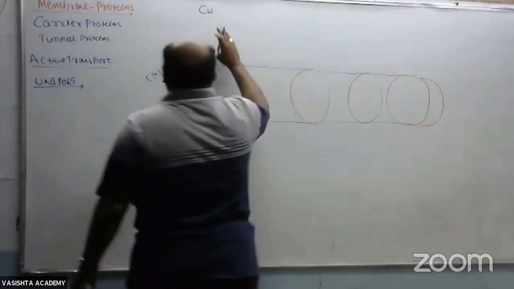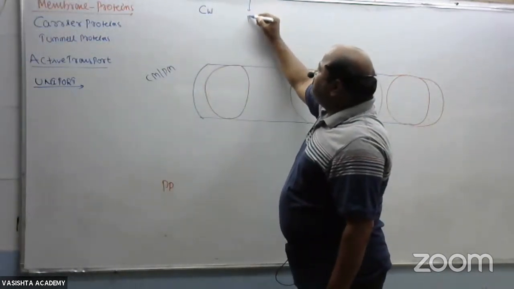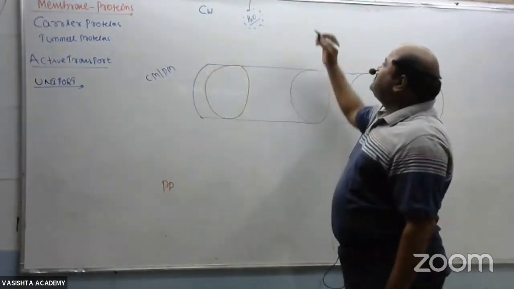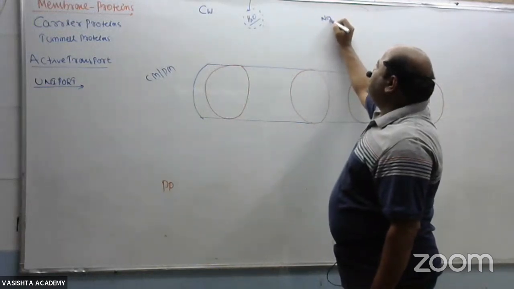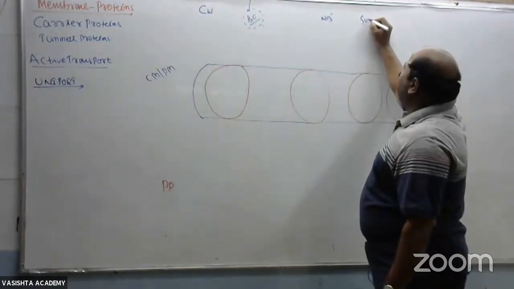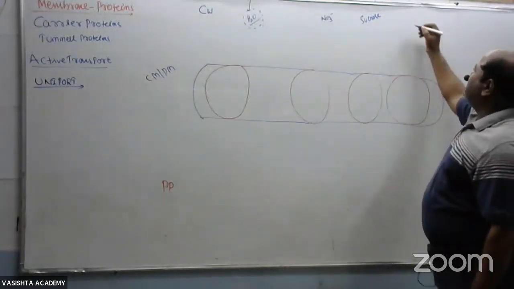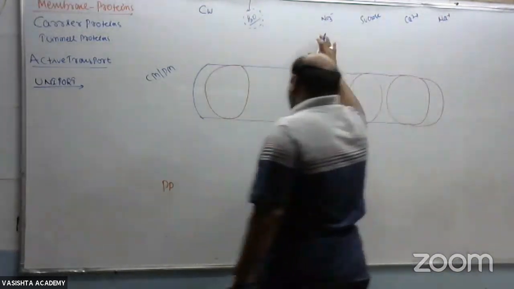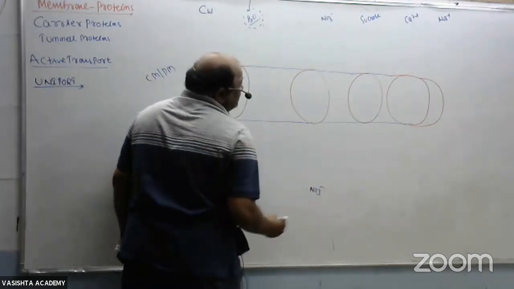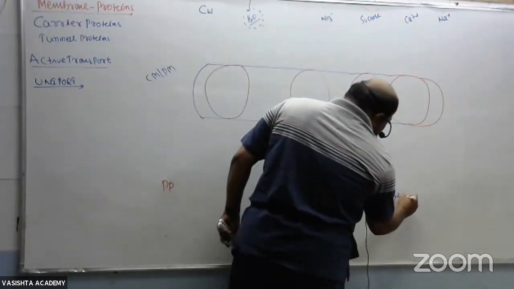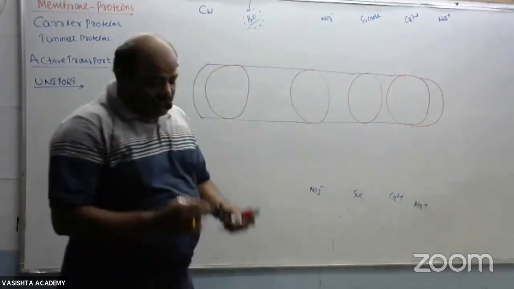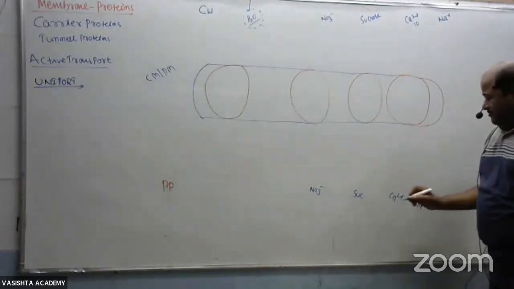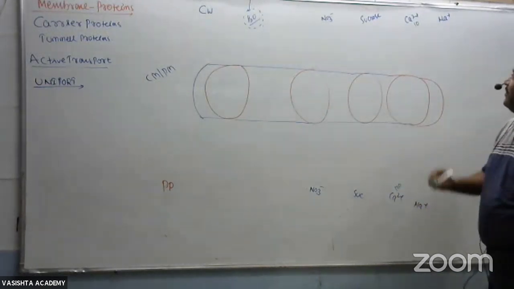Uniport transport. Now this is the plant cell. Imagine the plant cell absorbs water molecules from the soil. It also absorbs different kinds of ions, nitrates, and sucrose, as well as calcium ions and sodium ions, etc. So already some amount of nitrate ions is present, some amount of sucrose is present, and calcium and sodium ions already exist. Whereas outside the cell calcium ions are 100, here they are 50.